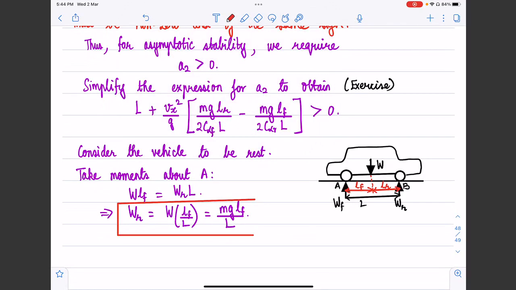So this is the normal load on the rear wheels. Similarly, one can get an expression for the normal load on the front wheels. What is that expression?